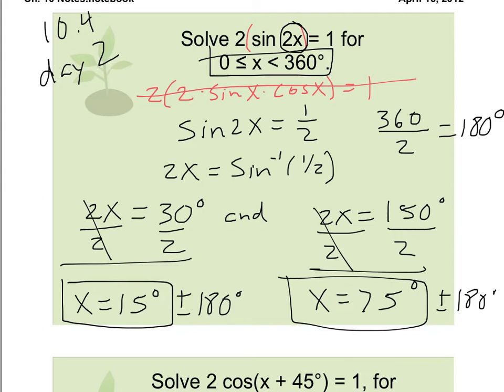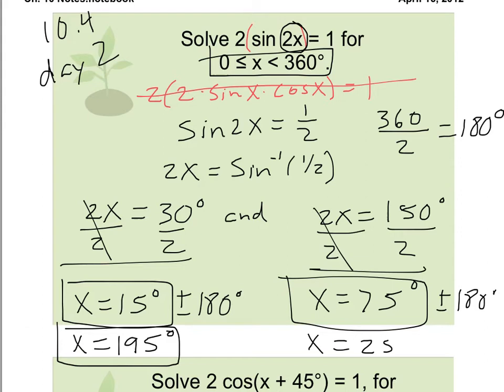Well, the instructions here say to solve it from 0 to 360. So I at least need to check and see if there are other solutions that come from adding the period of this graph. And I can indeed find 2 more. 195 degrees, that's a solution, and it's between 0 and 360.